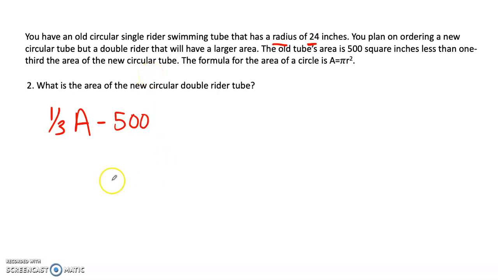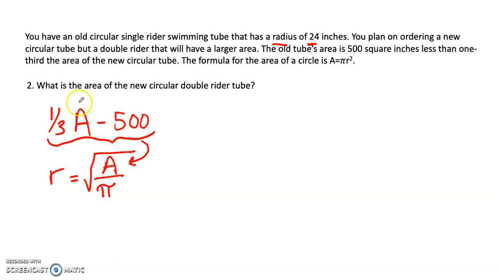Since we just solved for the radius in number 1, and the radius equaled the square root of the area over pi, I'm going to take this new expression and plug it in for the area in this formula. And this is the area of the new double rider tube. So I'm going to solve for that.